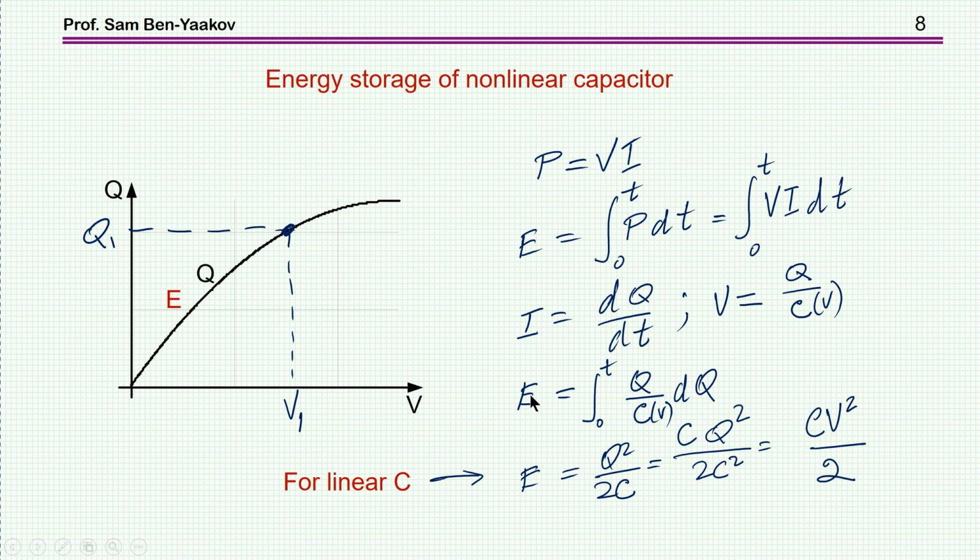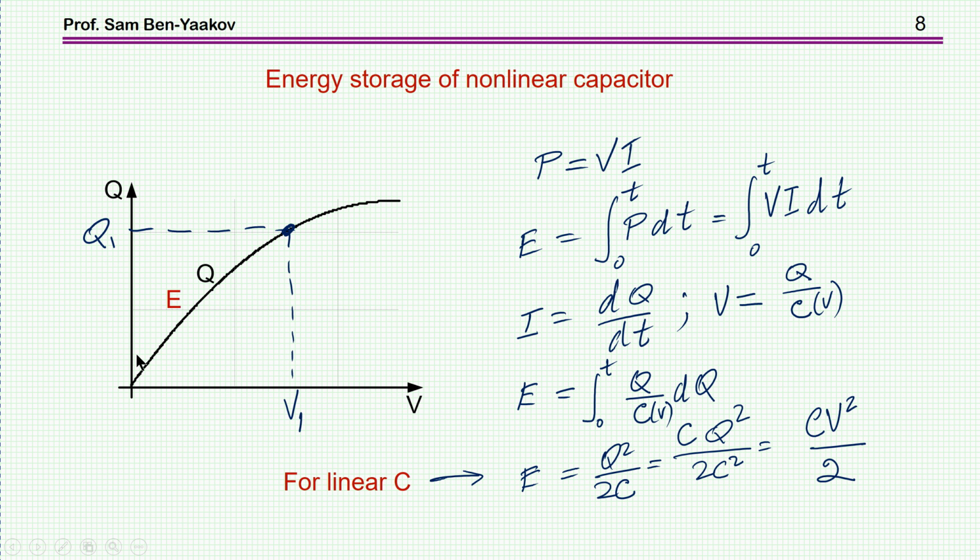to get this energy. If this would have been a linear capacitor, so this would be a constant, then of course when you integrate it, you get Q squared over 2, which turns out to be CV squared over 2, the known expression for energy. This is incorrect when C is a function of voltage. Interesting, and I'm not going to elaborate on it.